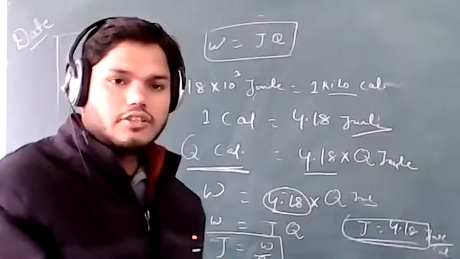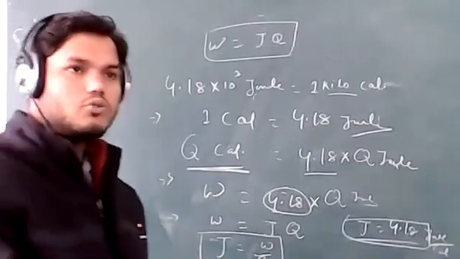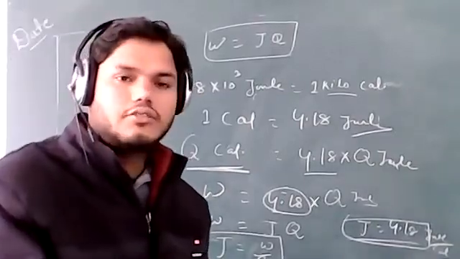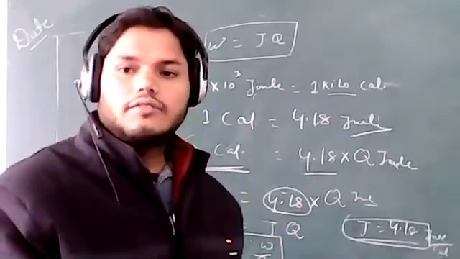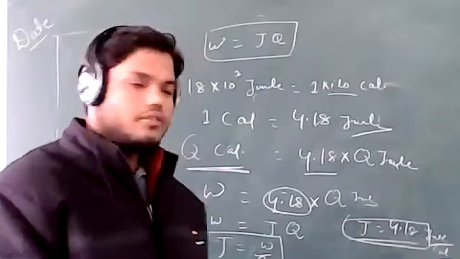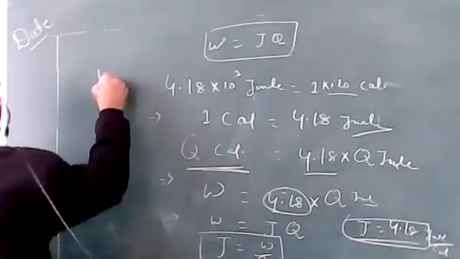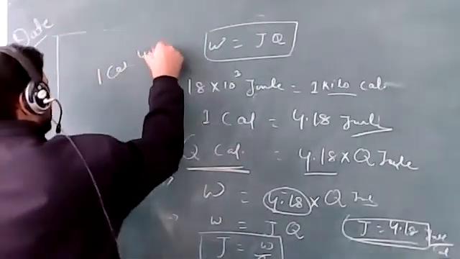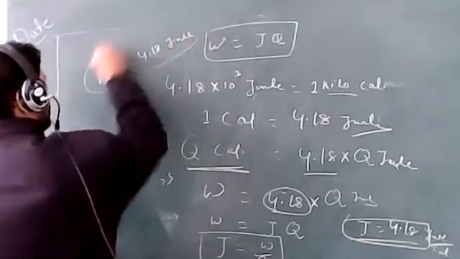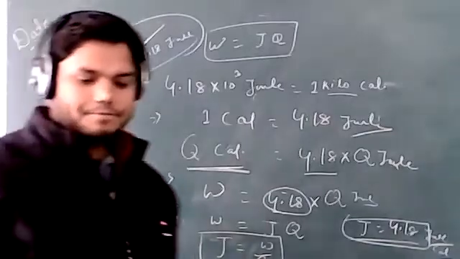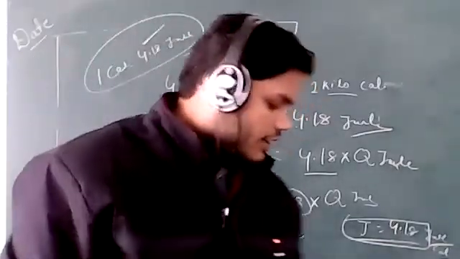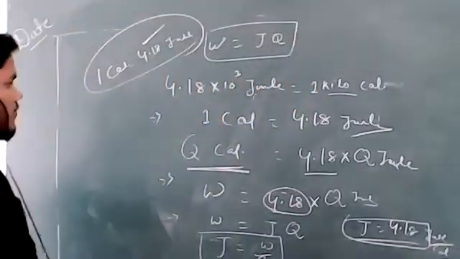If you want to convert calorie into joule, then 1 calorie equals 4.18 joule. This is only the conversion factor, called 4.18.